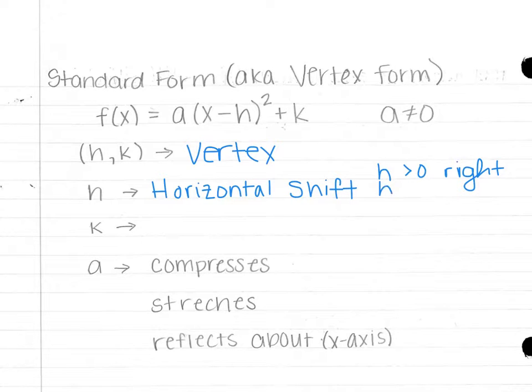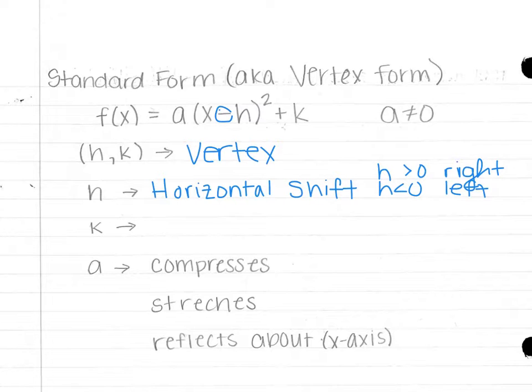And if h is less than 0, you move to the left. But it's very important in this case to note that you actually have a minus as part of the formula. So it's kind of going to appear that you're doing the opposite thing. Because if you subtract a negative, it's actually going to look like x plus h in those parentheses.